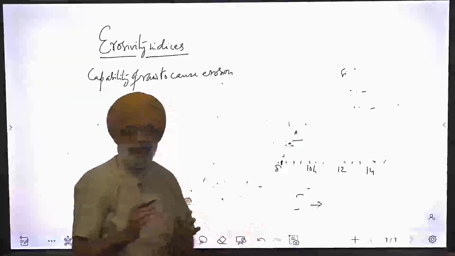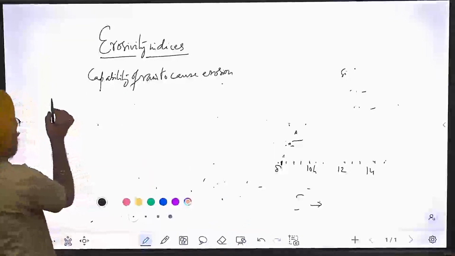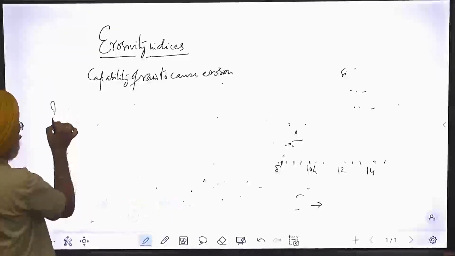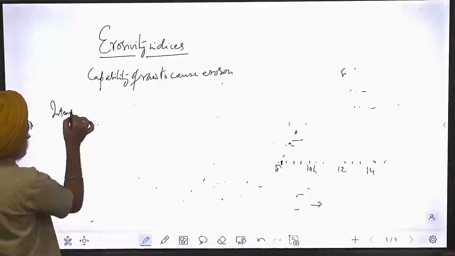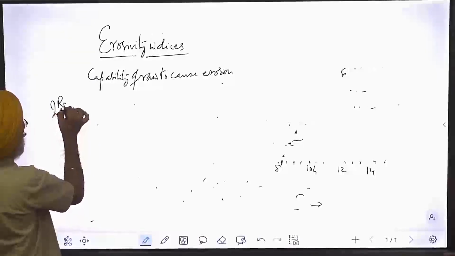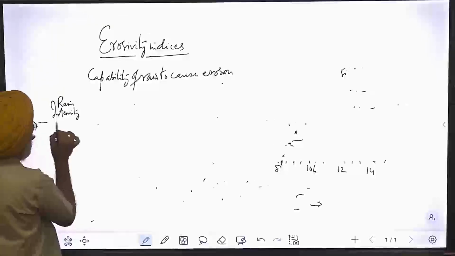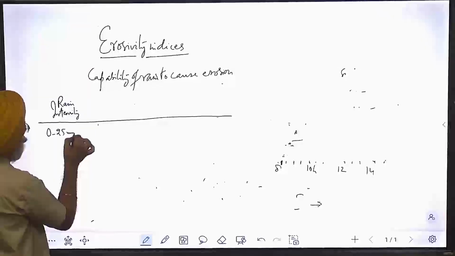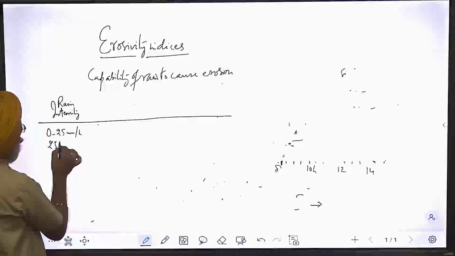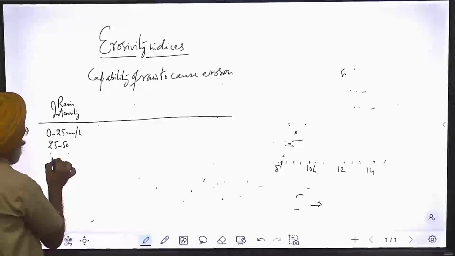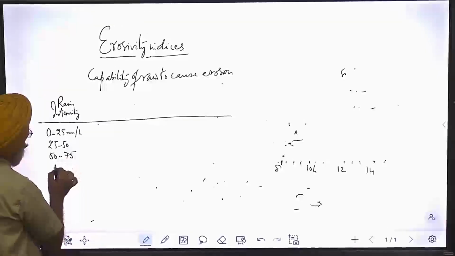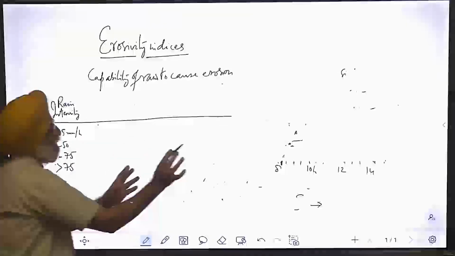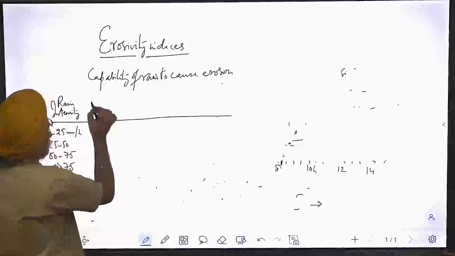From this chart you find out the rain data, and here we can make different classes of rain intensity, say starting from 0 to 25 millimeter per hour, 25 to 50, 50 to 75, and more than 75 millimeter per hour. Then from the rain gauge chart we will find out the amount of rain.